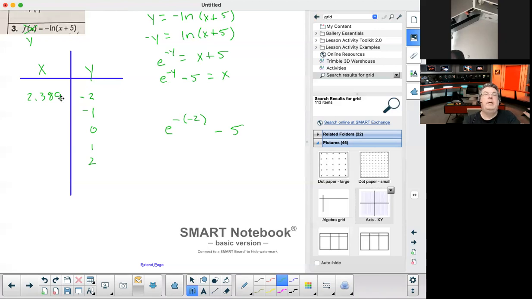So if you plug 2.389 into this equation right here, you get -2 for y. Okay, got it. It's not going to work the same way, like we were plugging something different in for x, right? It's not going to correlate, if that's what you were thinking. Right. Yeah.